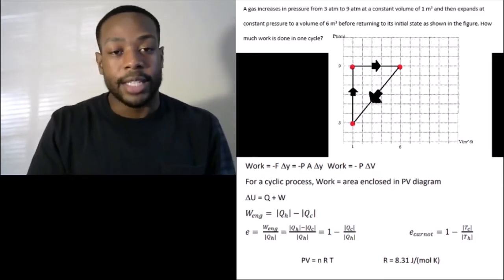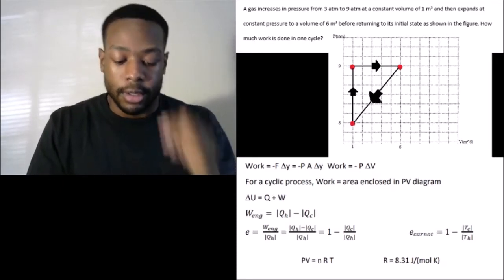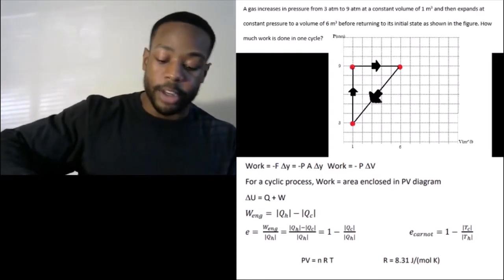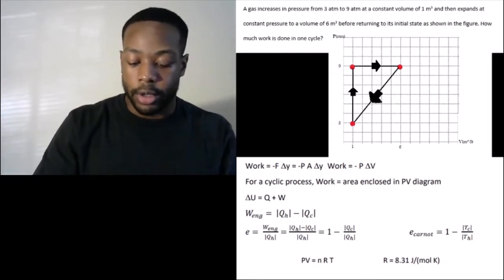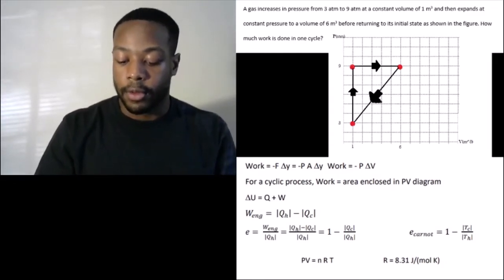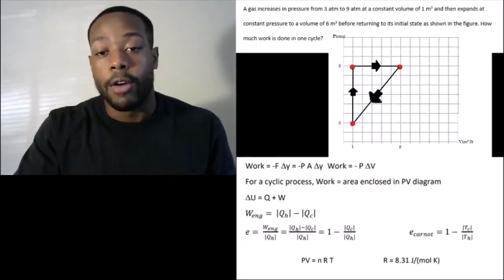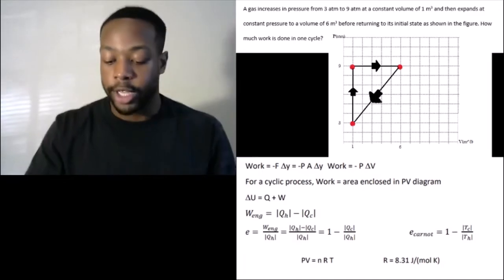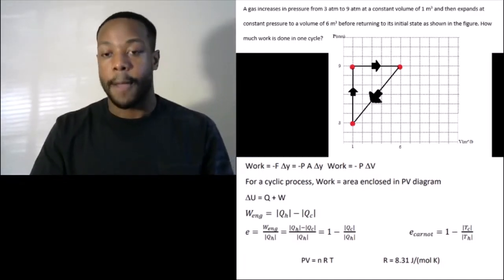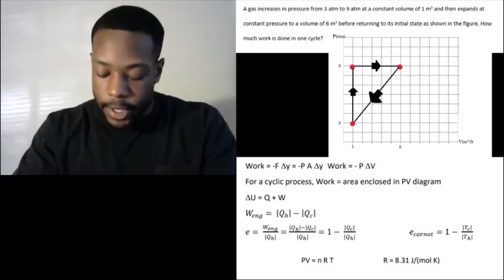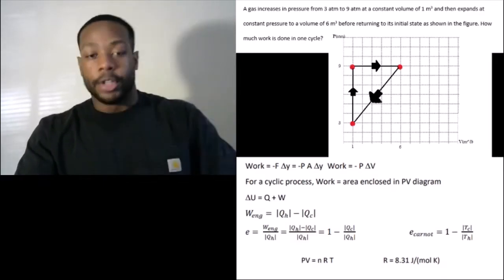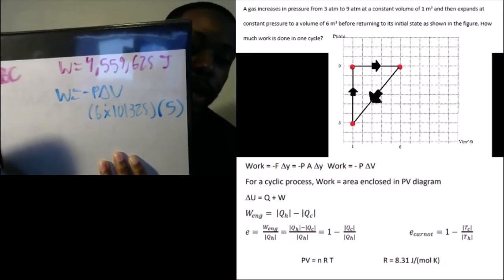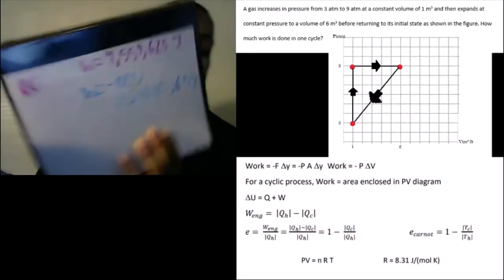So we've got 6 for our pressure. We're going to, of course, multiply by the conversion rate, which is 101,325. And our volume is going to be the base of that triangle, which is going to be 6 minus 1 again. So 5. So let's do that math, and let me show you actually what we have. 6 times 101,325, and then that times 5.